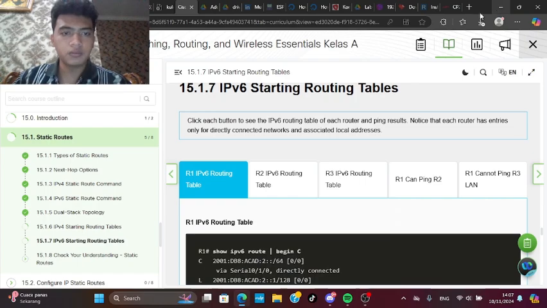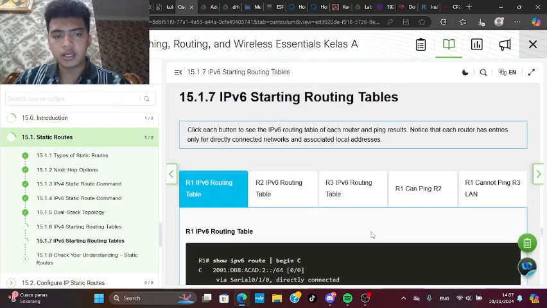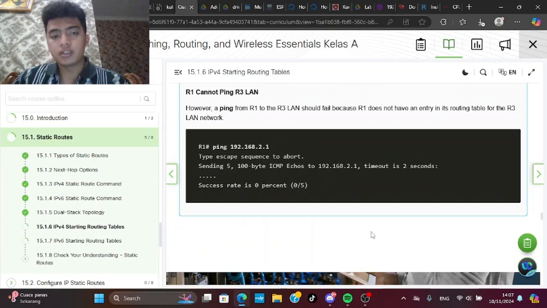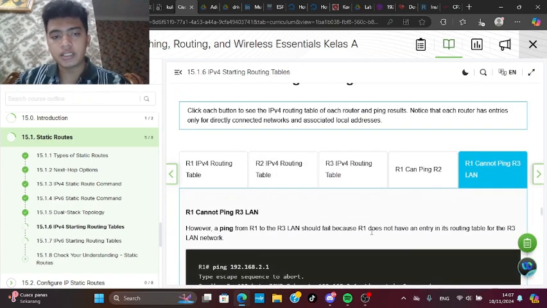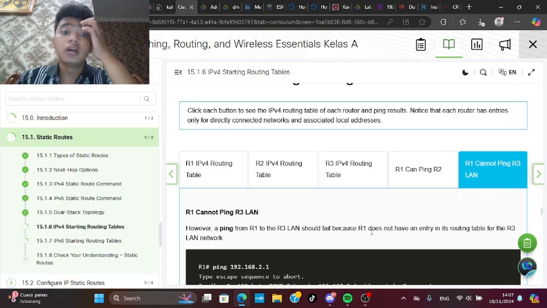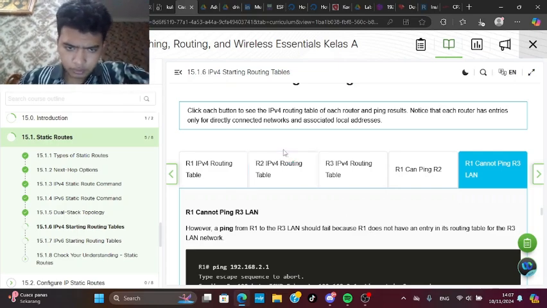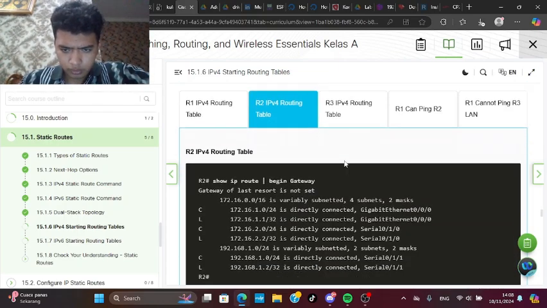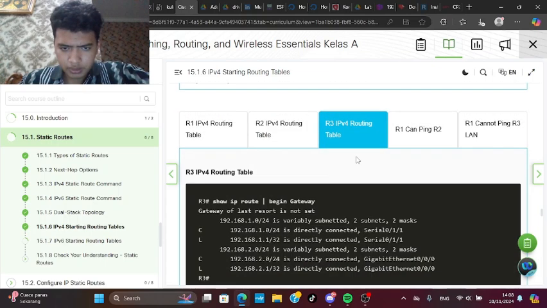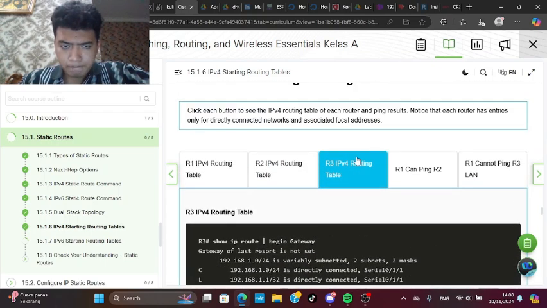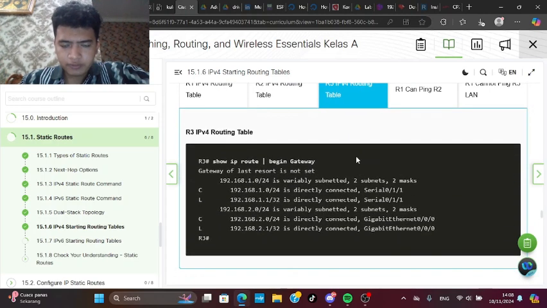Okay, we continue. We can see that each router has different directly connected networks.